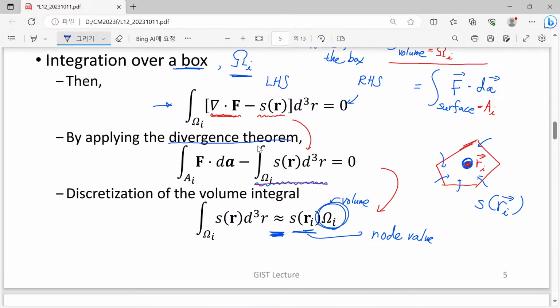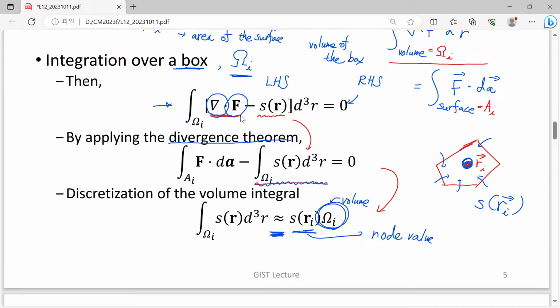It simply means that the first order derivative of a vector field can be written as the difference between surface values at this A sub I. That is the one we have done up to now.